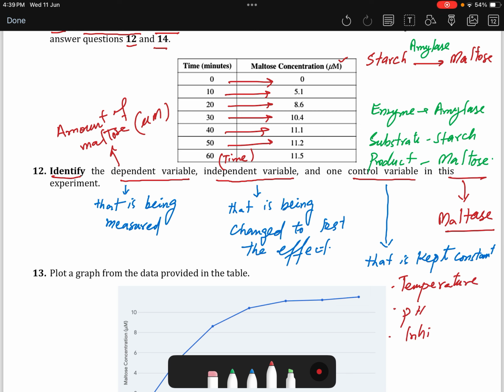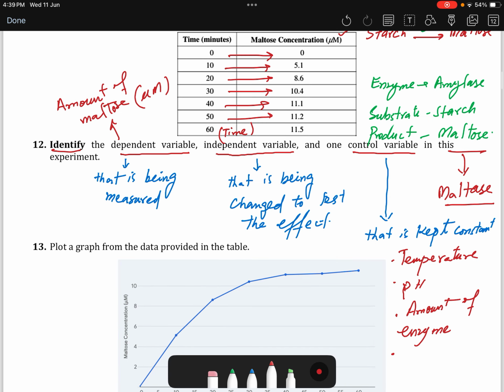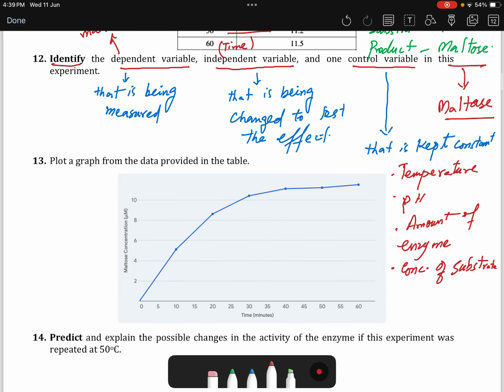Inhibitors can affect this process, but let's remove them. So we can make sure temperature is regulated, pH is regulated, amount of enzyme is constant. Also the concentration of substrate, you should make sure that it's controlled.